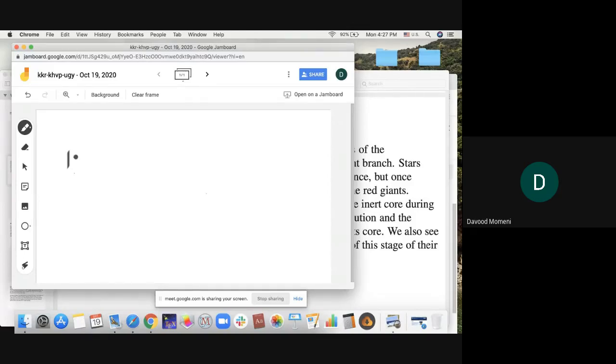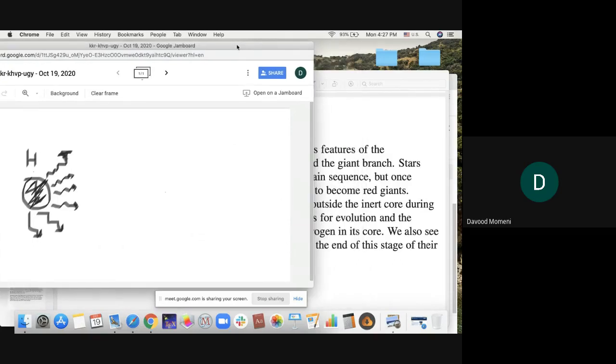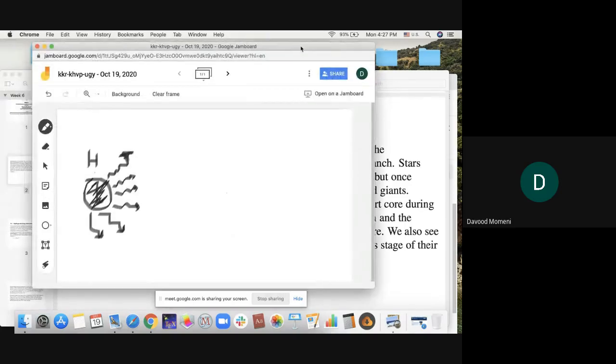Actually, it is all about the hydrogen burning. You have a core here, filled with hydrogen, and this is a burning process. The burning process is important for stars in the main sequence in 2 ways. One is when the star is burning in the lifetime of the star, and the second is when it cools down and turns to a red giant.